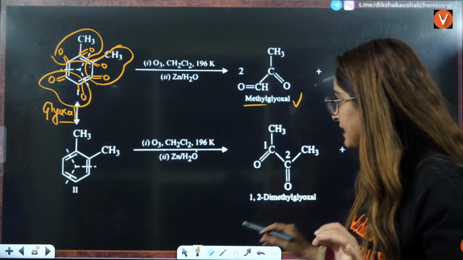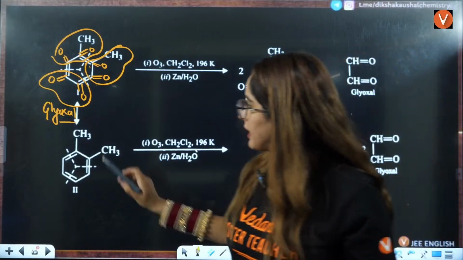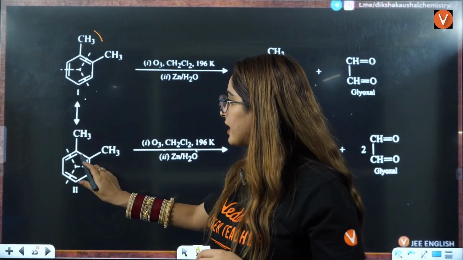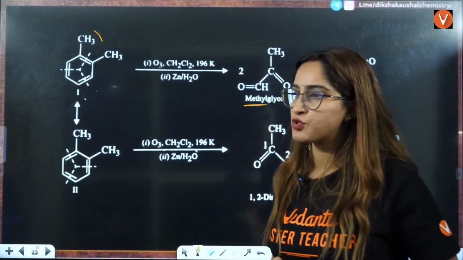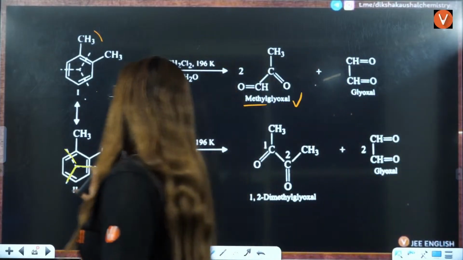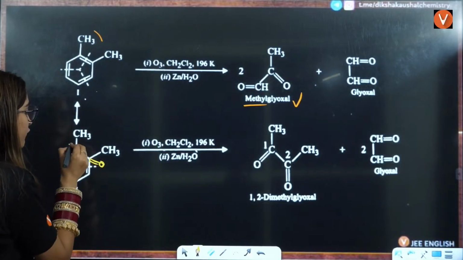Okay. Next, let's say the double bond positions are opposite. Here you had these positions. Double bond over here. Let's say the double bond is not between these two things. Then again double bonds will break here, right? So here it will break and it will give you double bond O over here, and double bond O over here.